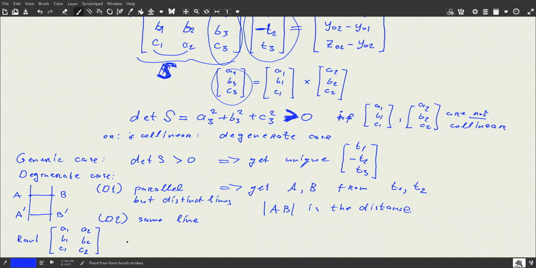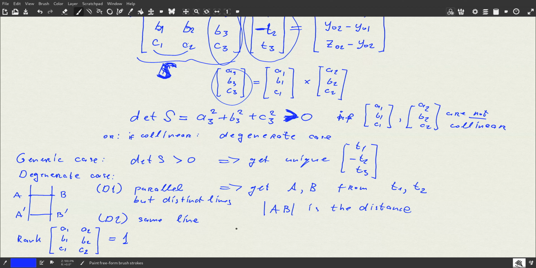Now, what can we say about whether, in this case, the lines are really the same, or the lines are parallel but distinct from each other? We need to take into account the initial points.